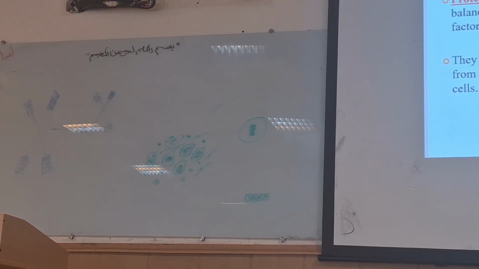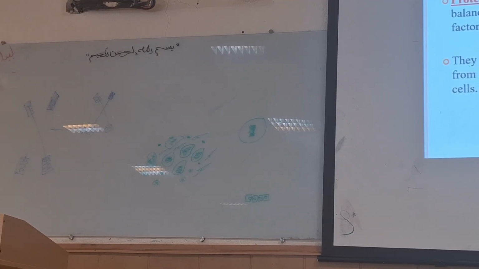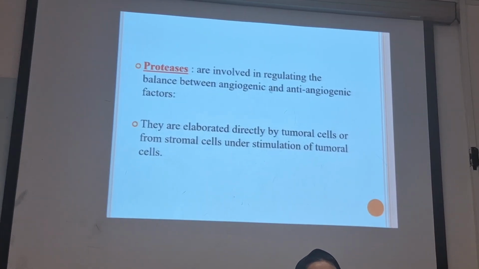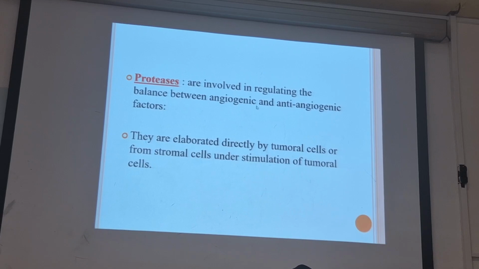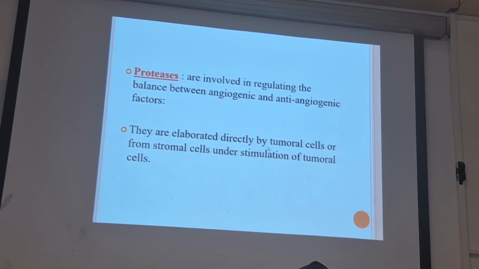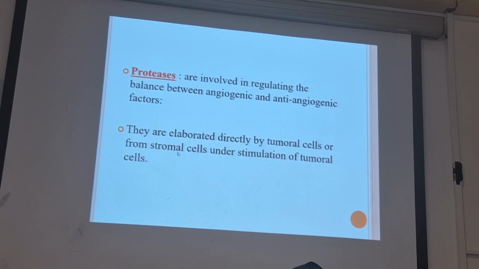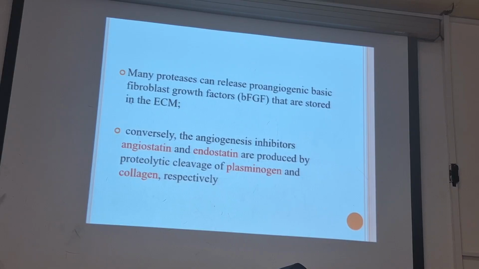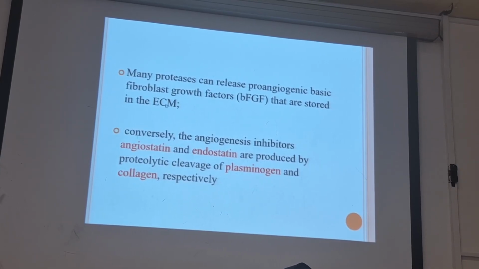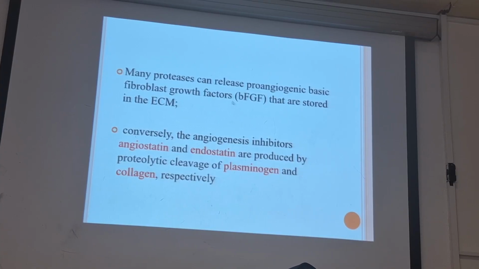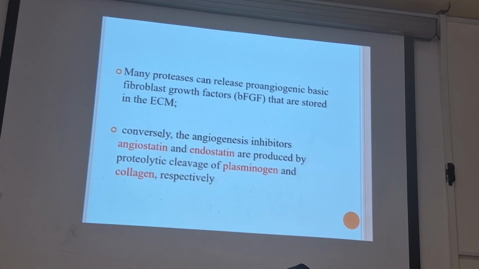You know that many enzymes and many proteins are important in this process. Some proteases are involved in regulating the balance between angiogenic and anti-angiogenic factors. They are elaborated directly by tumoral cells and also by the stromal cells by stimulation of the tumoral cells. Many proteases can release pro-angiogenic basic fibroblast growth factors that are stored in the extracellular matrix.